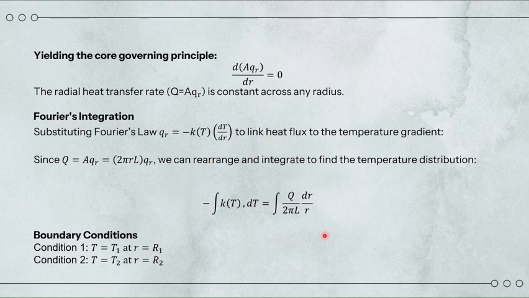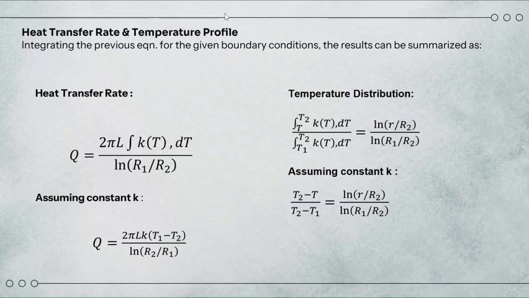First, we will get the integrated equation something like this. The boundary conditions given to us are: at r equal to r1, the temperature is T1, and at r equal to r2, the temperature is T2. Integrating the previous equation and applying the boundary conditions, we arrive at the heat transfer rate as this, and we get the temperature distribution as this.